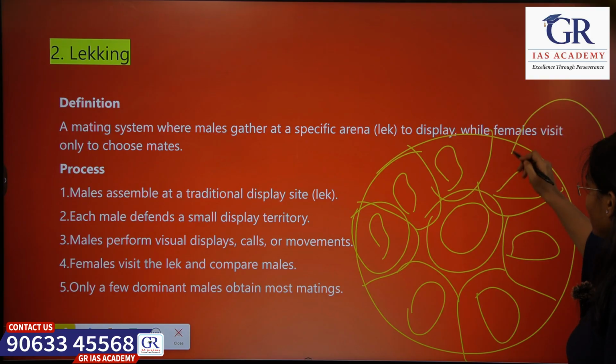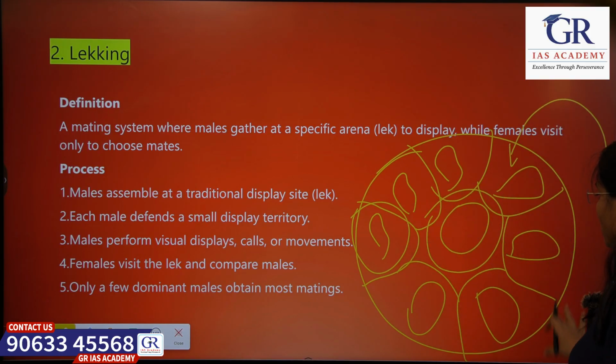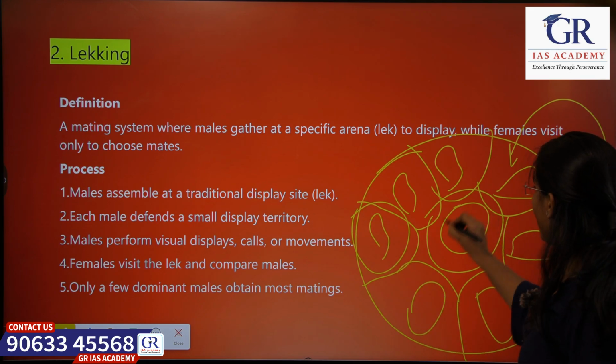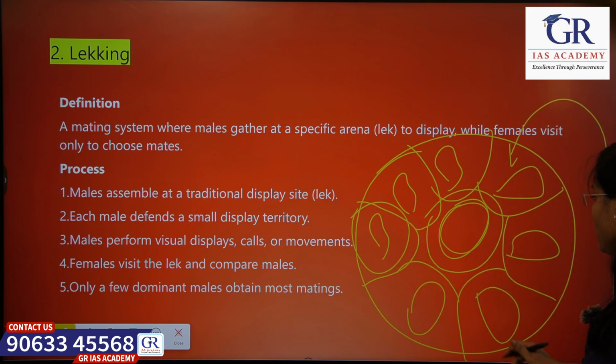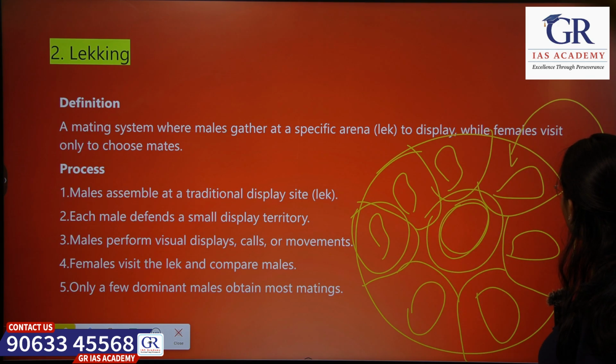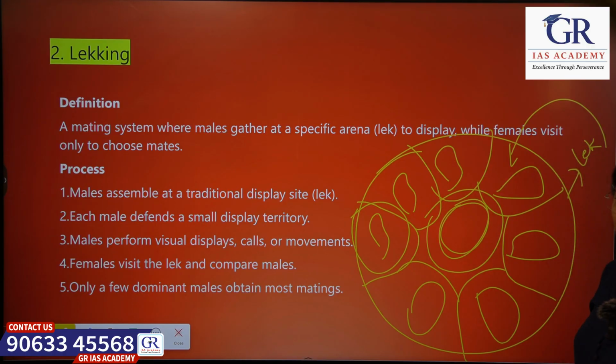Females visit this place and select an animal from this place. So this place is called a lek, and this process is called lekking.